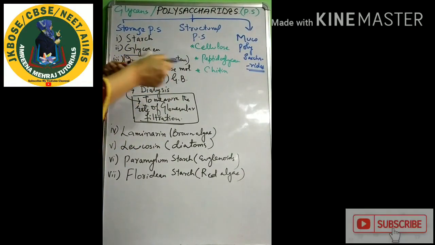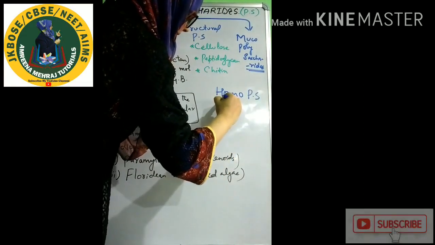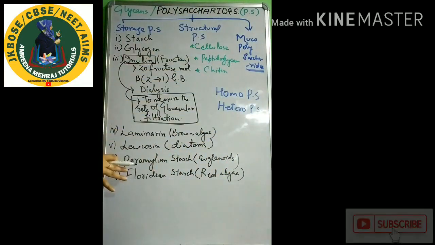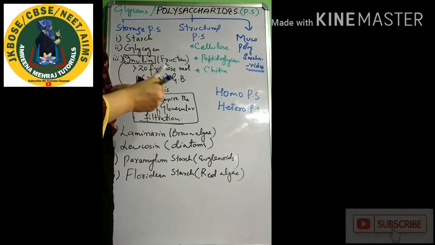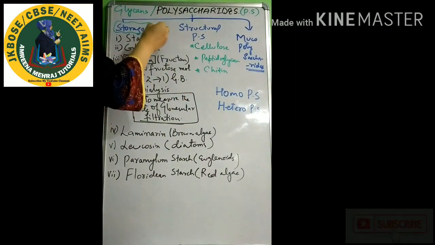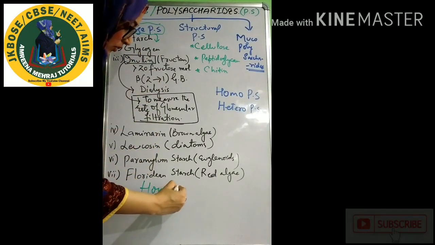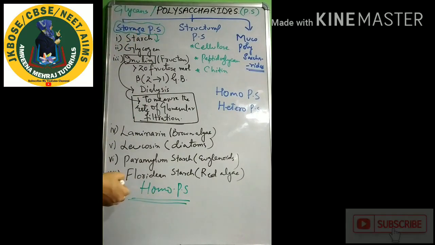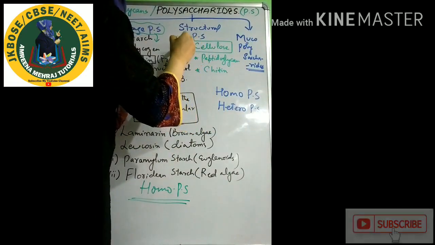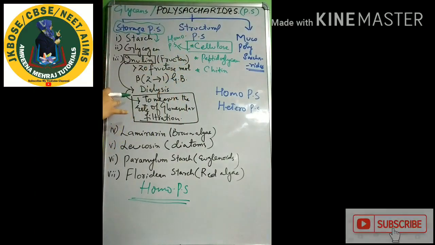Now, over here, let us think about these terms: homopolysaccharide and heteropolysaccharide. Which among these is homopolysaccharide and which is heteropolysaccharide? Okay. So, as far as these storage polysaccharides are concerned, all of these examples are homopolysaccharides. While if you go to structural, if you point out cellulose, this is also a homopolysaccharide made up of only one type of monosaccharide.